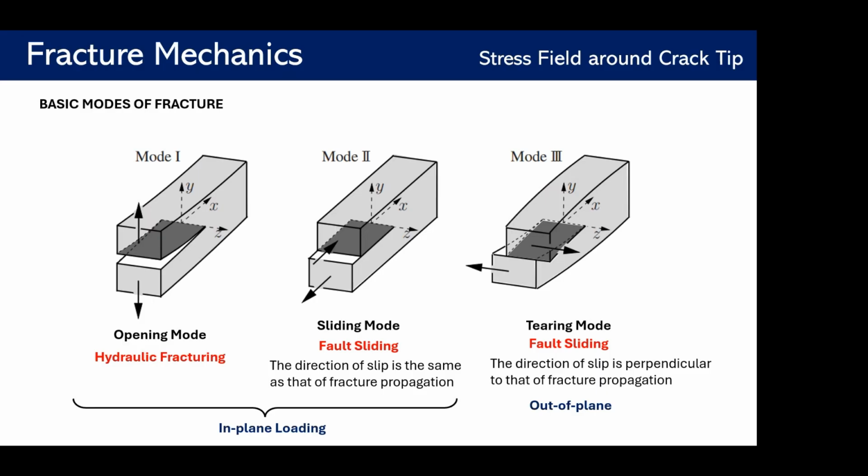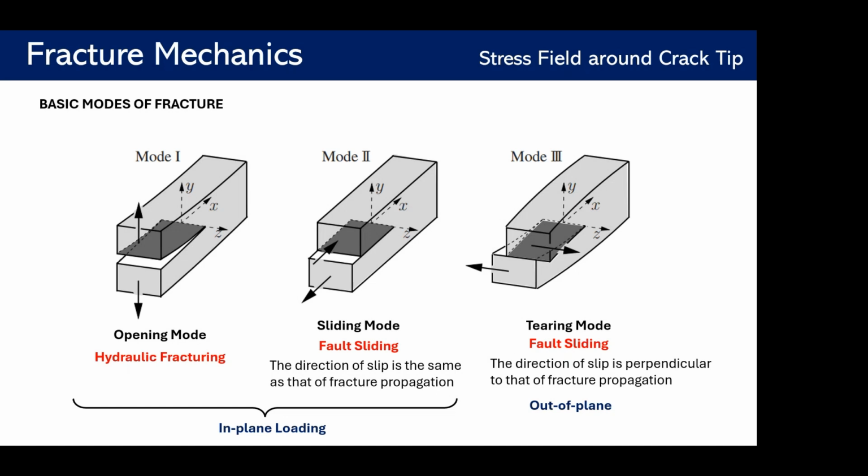Before starting to study the stress field around the crack tip, I just want to talk about the different modes of fracture. As you know, in three-dimensional space, any force can have three independent components. And each component of the force, based on the relative direction of the fracture, can create different modes of the fracture.